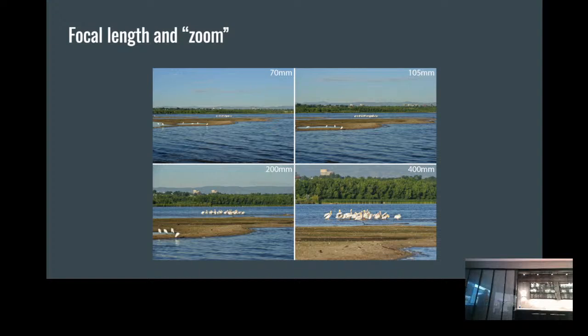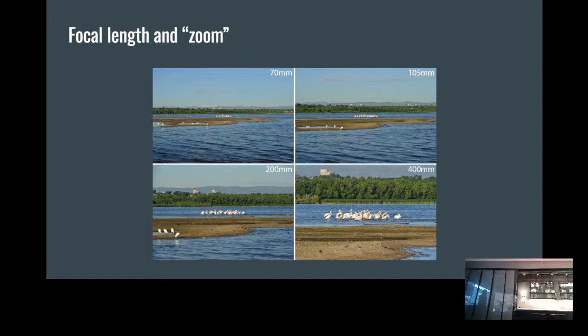When they say 70 millimeters, 200, 105, 400, it's not actually, if you pull out a ruler, the millimeter size measured next to the lens. It is a mathematical number that these scientists were able to figure out, determine, and then put into lens technology. So I don't truly know where the science and the math lines up for it, but I can at least tell you how to understand it.